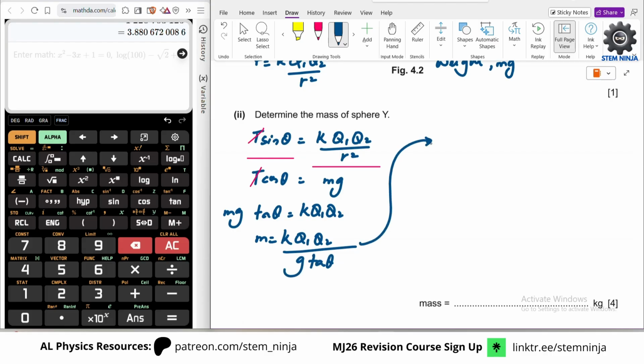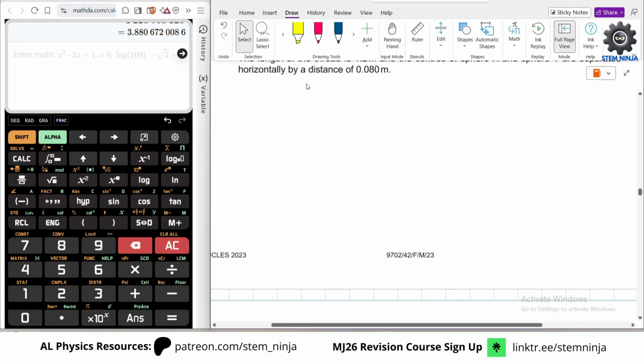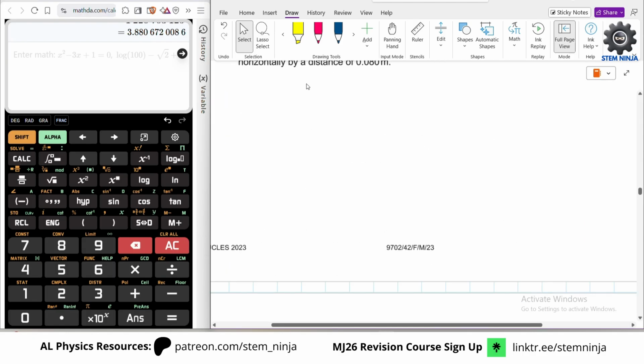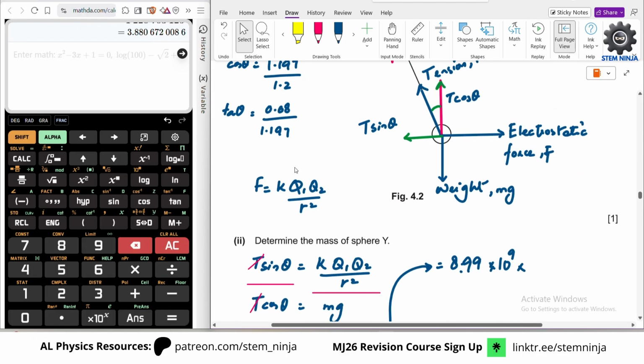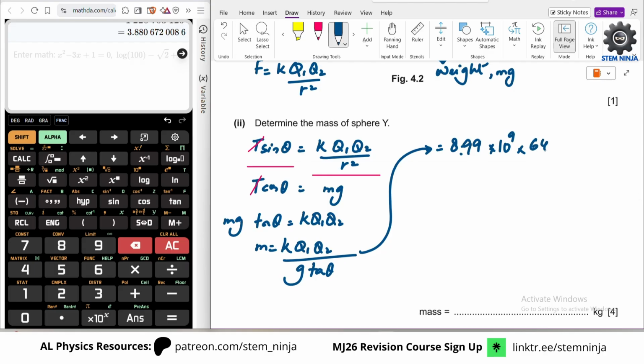Okay, now we plug in the values. K is 8.99 times 10 raised to power 9, 64 and 96, right? 96 and 64, and they're both minus 9, nanocoulomb, divided by g 9.81 tan theta.